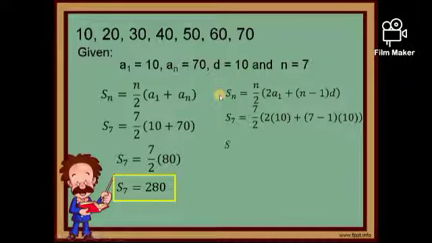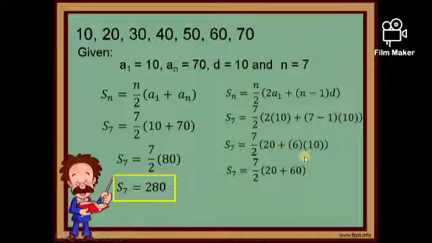Let's simplify. S sub 7 is equal to 7 over 2 times the quantity 2 times 10, we have 20, plus 7 minus 1, we have 6, and then bring down 10. Simplify again. S sub 7 is equal to 7 over 2 times the quantity 20, bring down 20, plus 6 times 10 is 60.